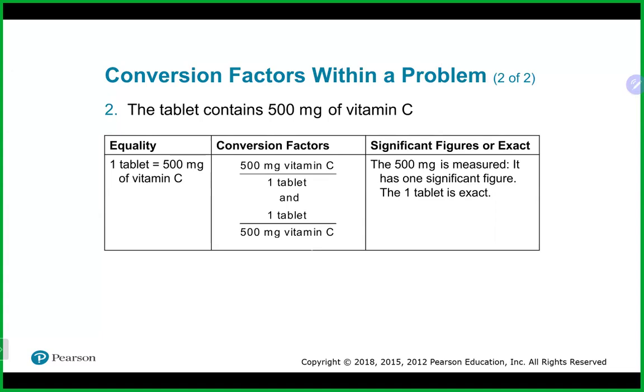So it's not always 500 milligrams. That is specific here. The way this is technically written, it has only one significant figure, and that would be the number that we would want to look at. Here we wouldn't really be looking at the 1 tablet, as obviously that is something like an apple, which would be considered more of an exact number.